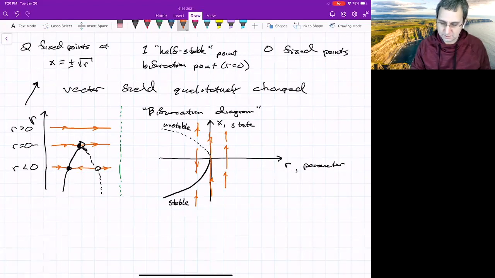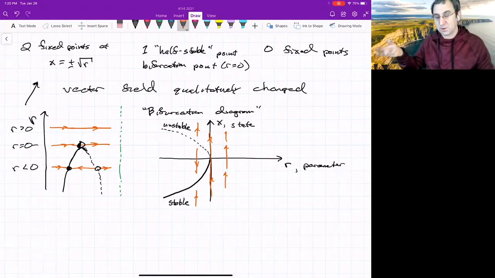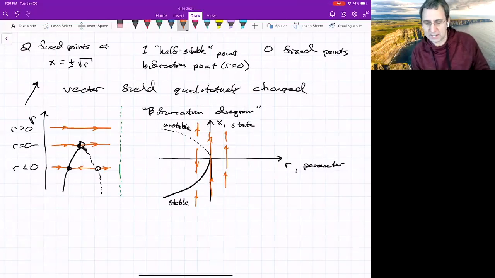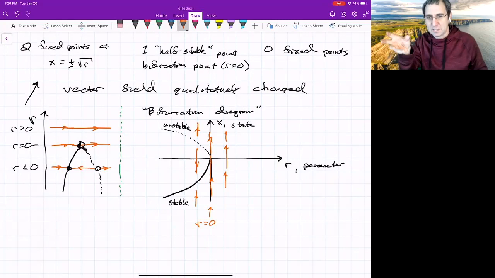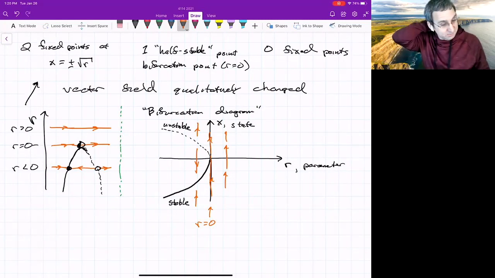And what it's showing us is as we tune this parameter, for some values of parameter, there's no equilibrium points. Like there's no way I'm going to actually hit the bifurcation point, even though we refer to it, right? This R equals 0 is the bifurcation. I'm not going to hit that if I'm tuning something. I'm most likely going to be in the R equals positive range or the R equals negative range, which means I have no equilibrium points, or I have two, and one's stable, one's unstable.